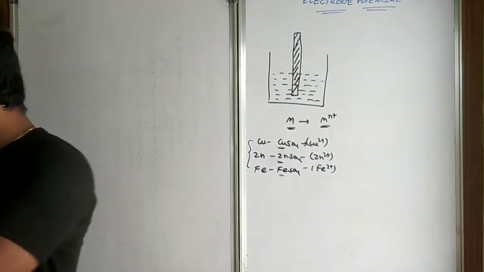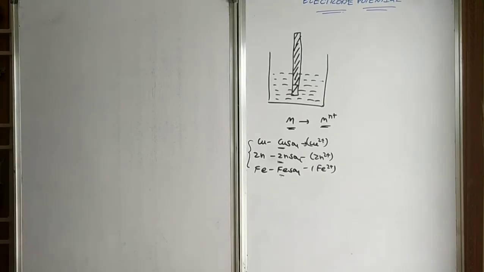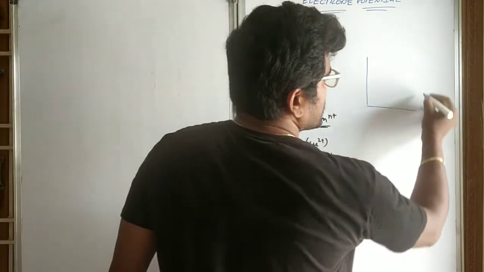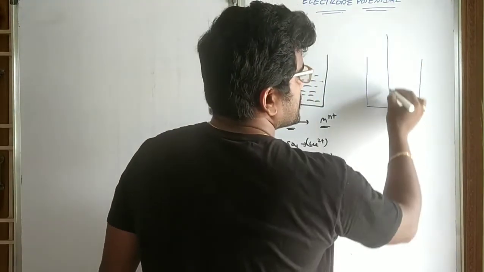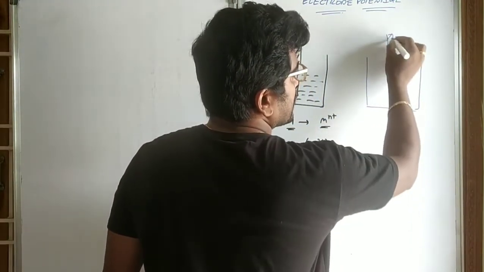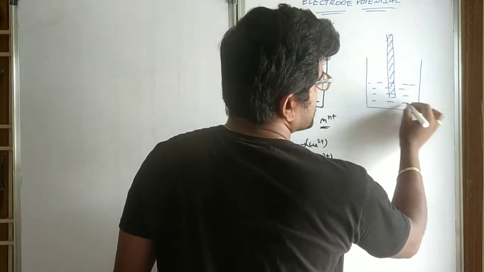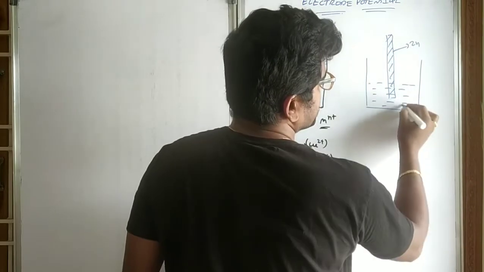So whenever you keep any metal in an electrolytic solution having the same metal ion, let us take a zinc rod and dip it in the zinc sulfate solution.